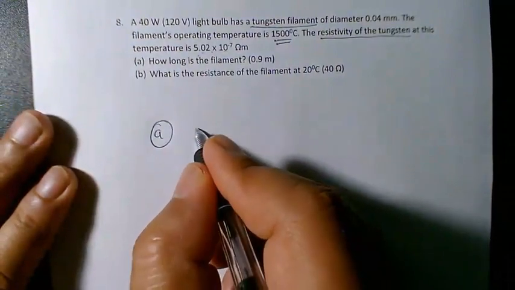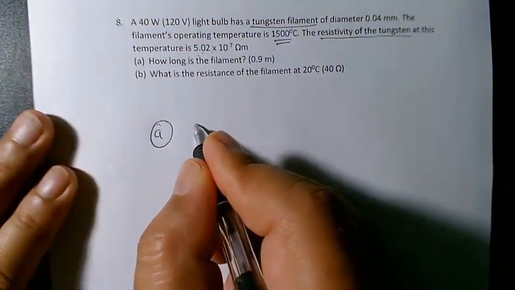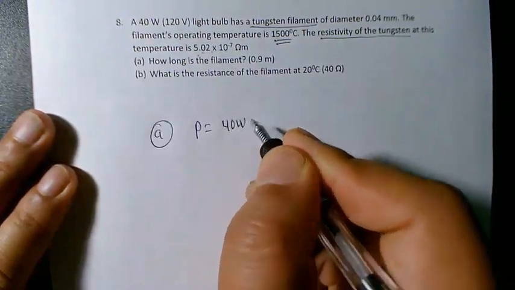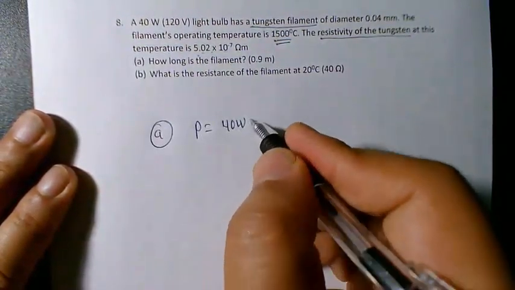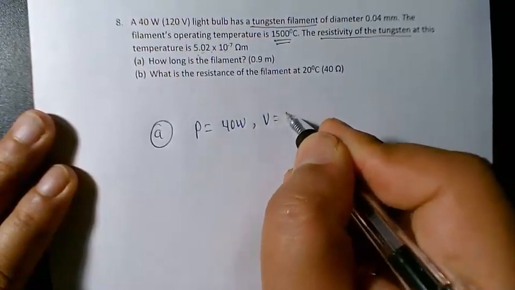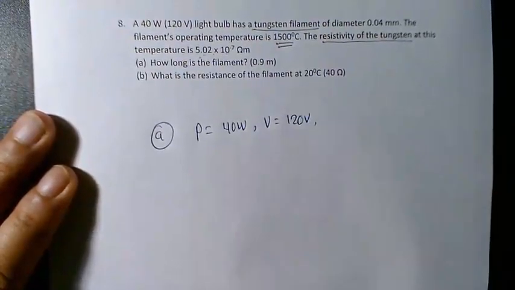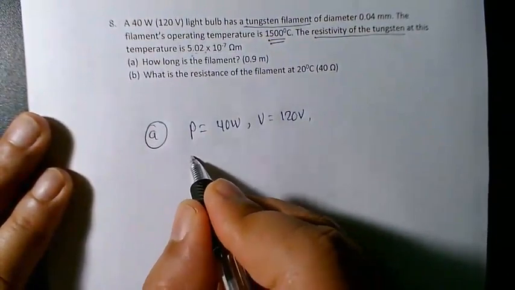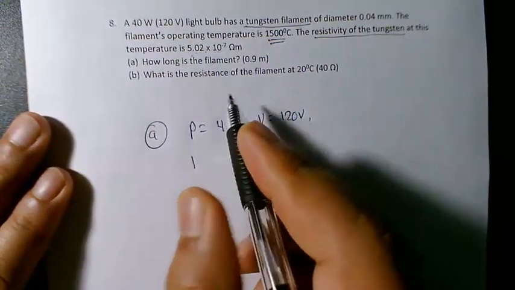The first question is really easy, right? Let's write down all the given variables. You're given the power rating. So for this bulb, power is 40 watts at how many volts? Then right away you can find the resistance of this filament.